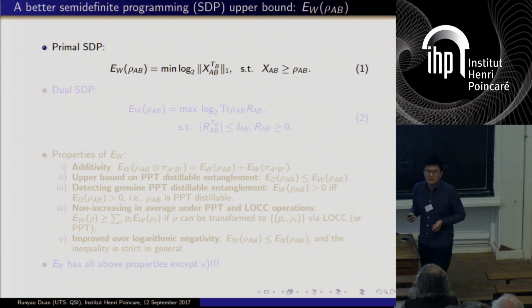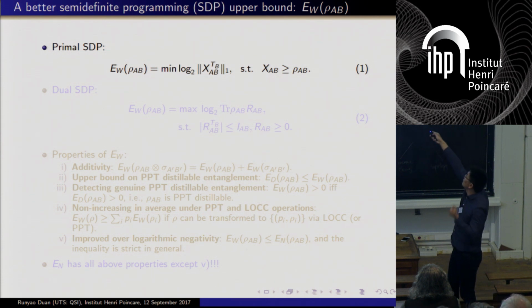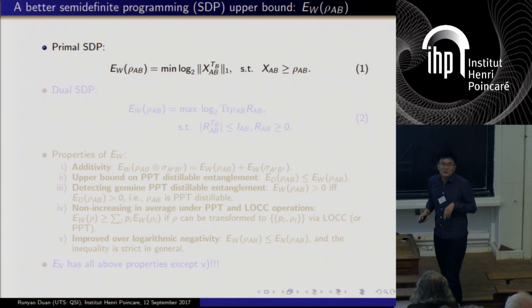So one way we do this is we generalize the previous logarithmic negativity. We use the same formula, except we use a variable X. But X has this constraint: X should be larger than or equal to rho AB.